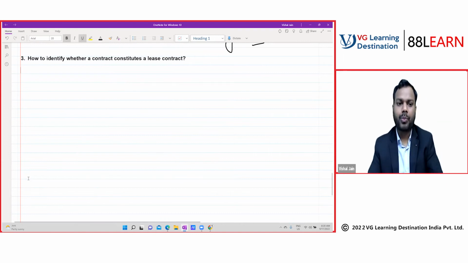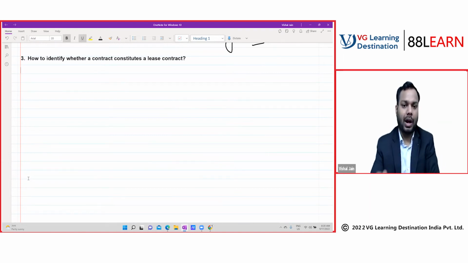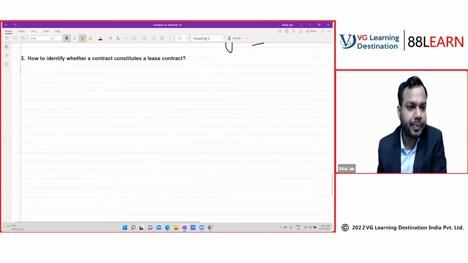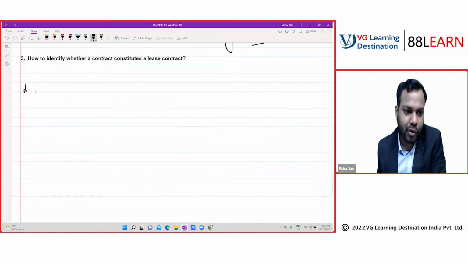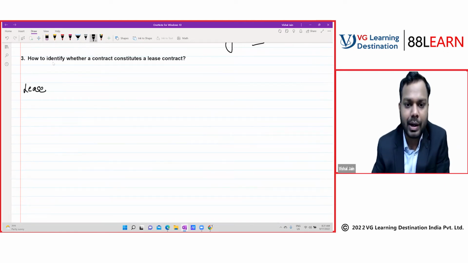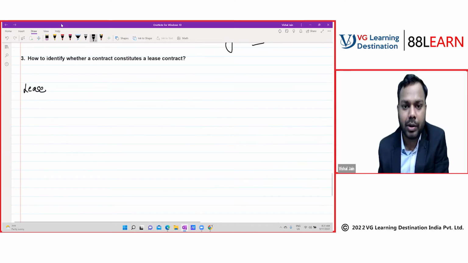Now, guys, you must understand how. Okay, now tell me, lease. If you have understood the definition of a lease, you can definitely identify whether the contract is a lease contract or not.